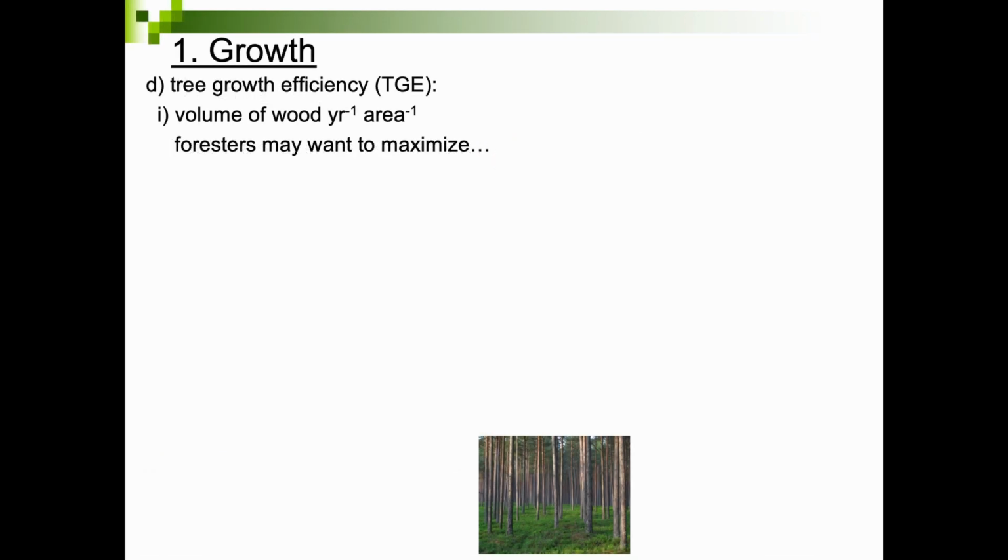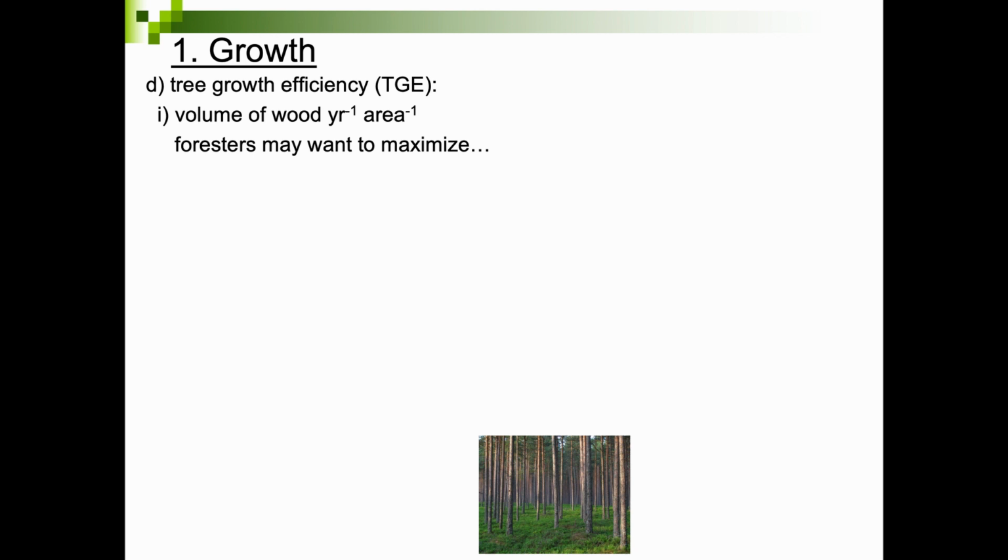So the next thing we're going to learn about is tree growth efficiency, commonly abbreviated as TGE. Tree growth efficiency is the volume of wood per year per area. Foresters usually want to maximize this. Sometimes, however, depending on the products they're aiming to supply, like if they're trying to create a stand of really tall trees for large support beams, they're not going to want to maximize tree growth efficiency.